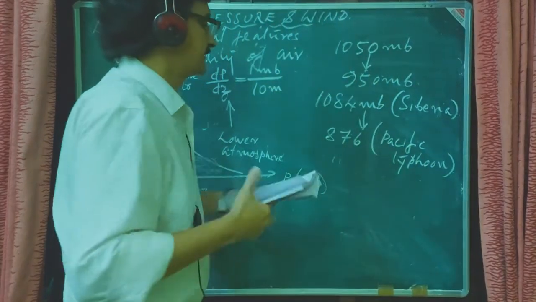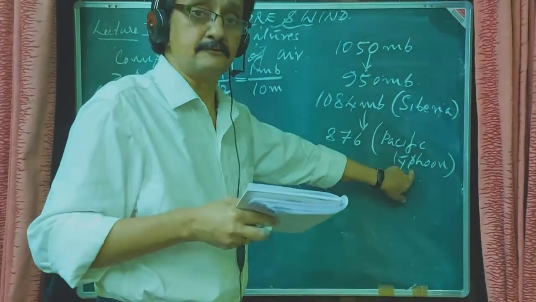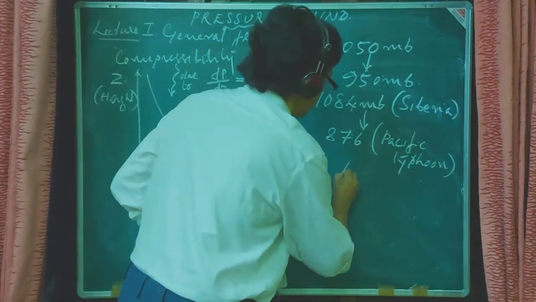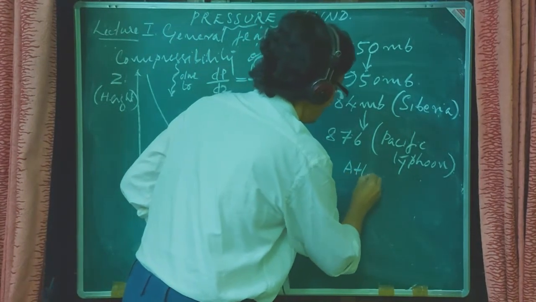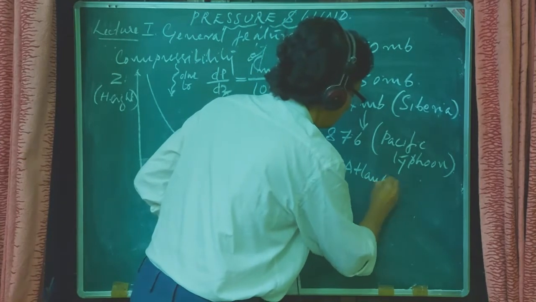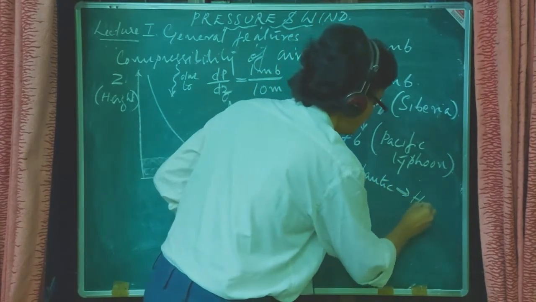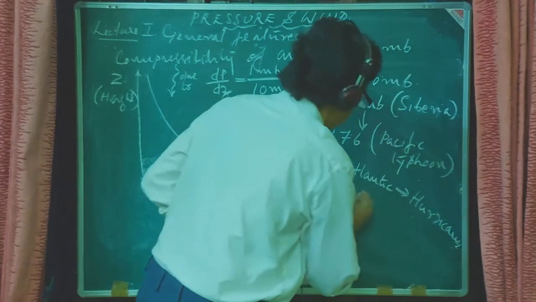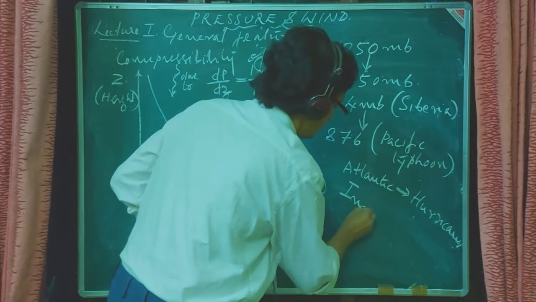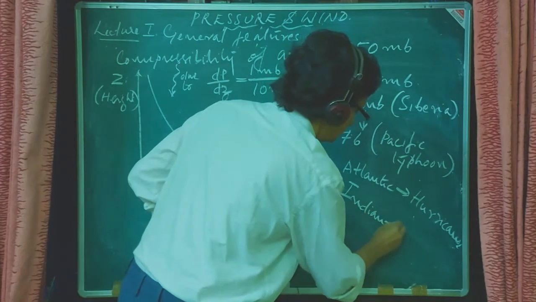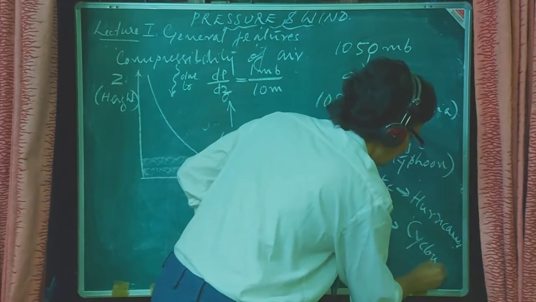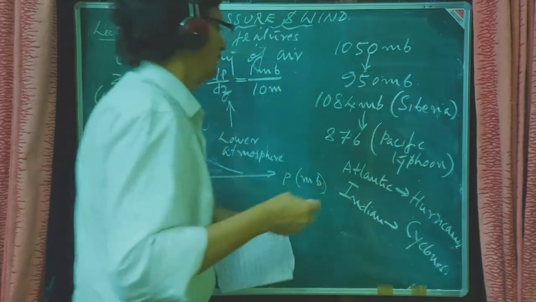Okay, Pacific Asian cyclones are called typhoons, in the Atlantic Ocean they are called hurricanes, and in the Indian Ocean region the cyclones are called cyclones.